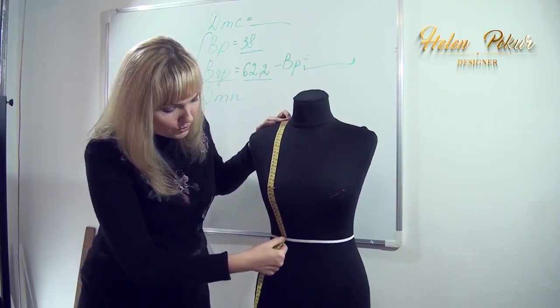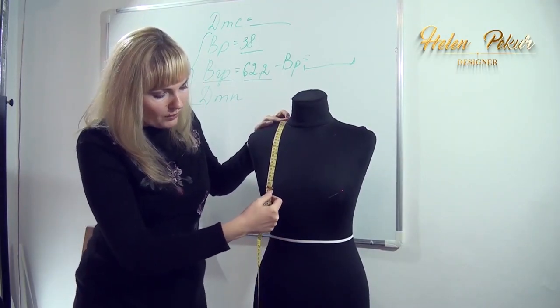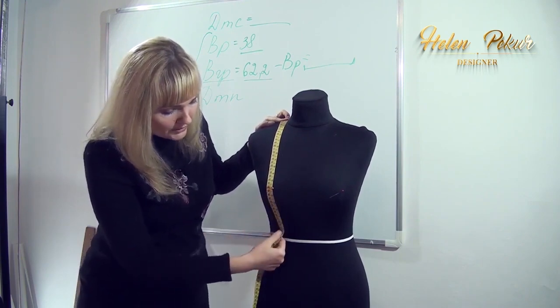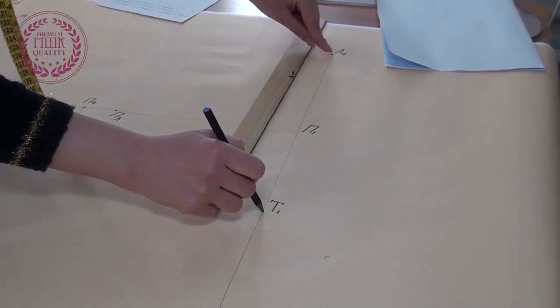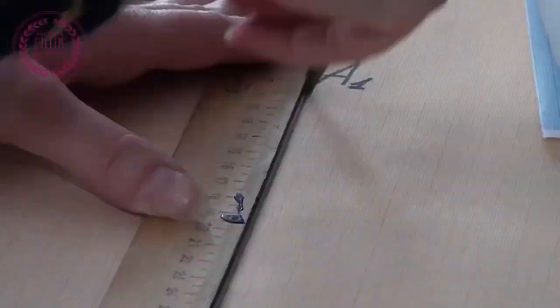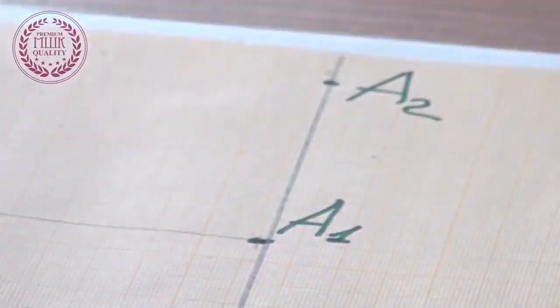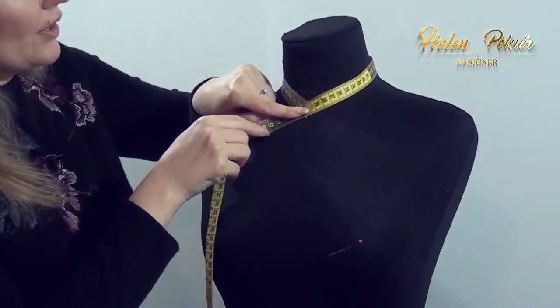Now I need the measurement front waist length, from the neck point through the bust point to the waistline. From the point T1 upwards, I postpone the length of the front waist. And I mark point A2. Now I divide the measurement of the neckline by 6.